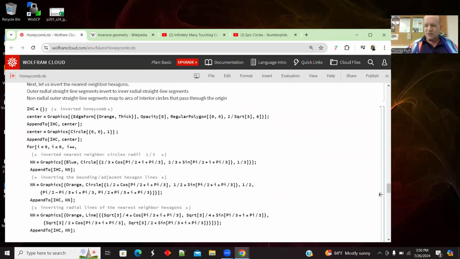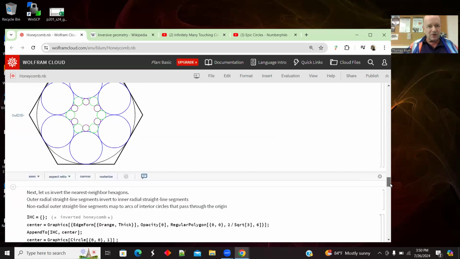So it's similar in that outer circles are inverted to inner circles, and lines are inverted into circles. So circles are inverted to circles. Lines are really just circles with an infinite radius.